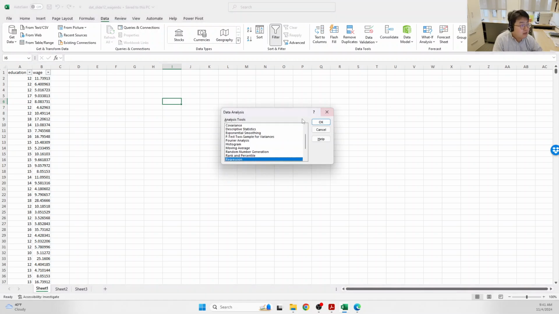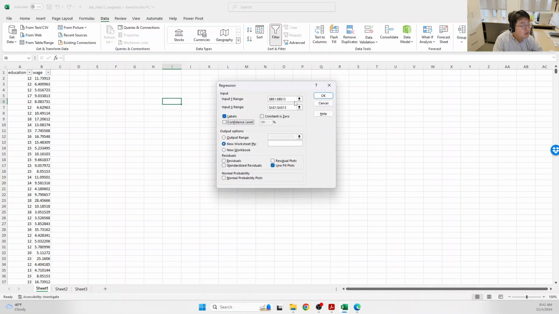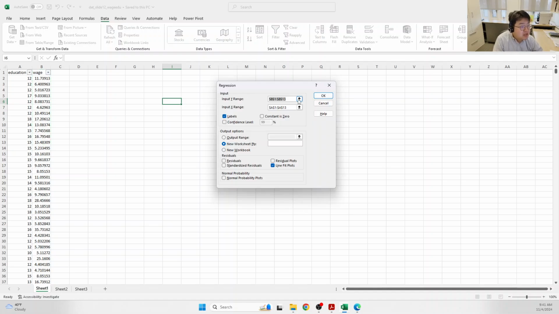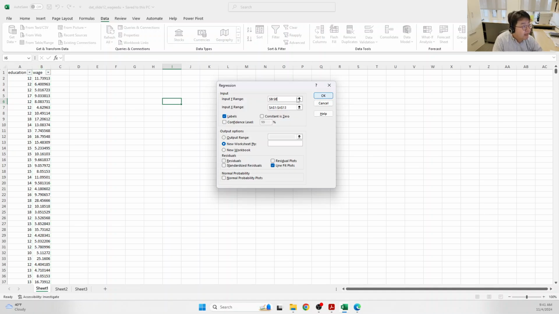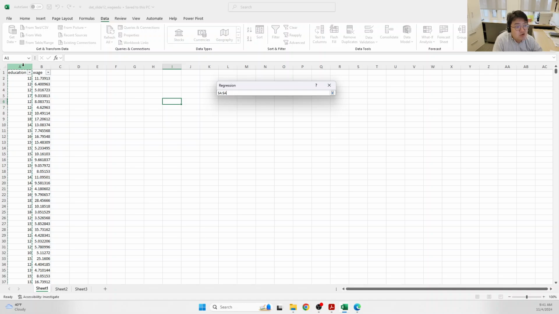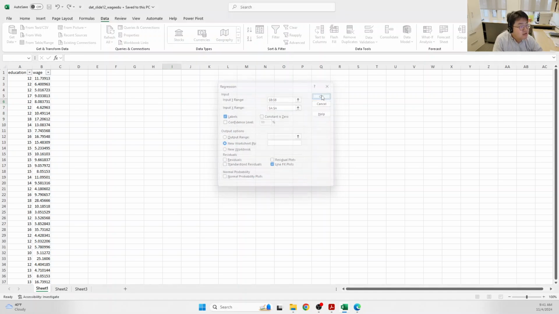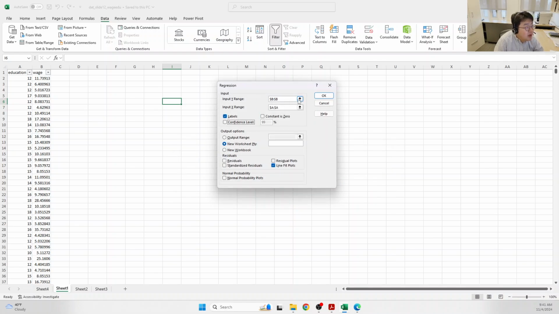So again, go to regression, and I will take the Y variable, the output, which is wage in our data, and the X variable is education. I'll choose the whole column, and I will click OK. Oop, what? So maybe it doesn't work.